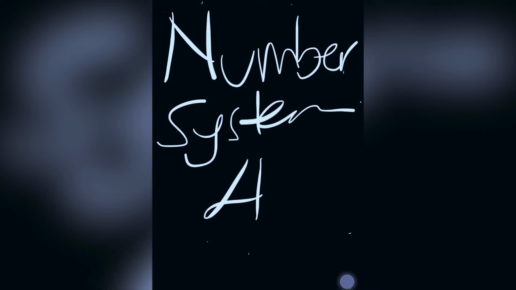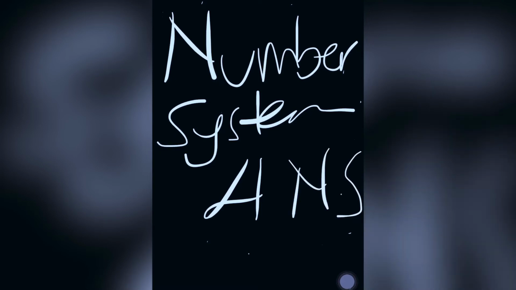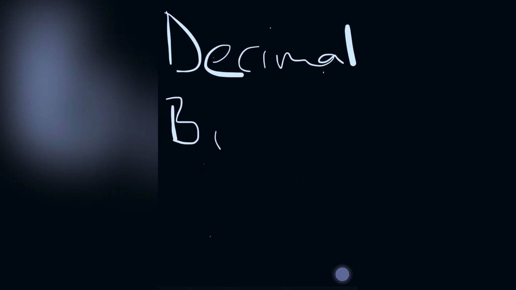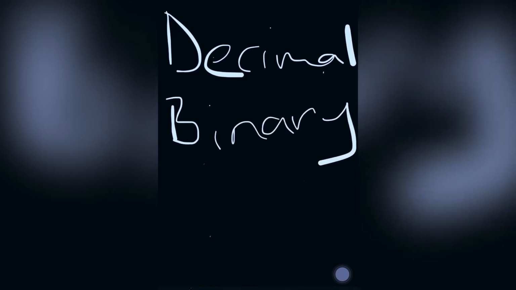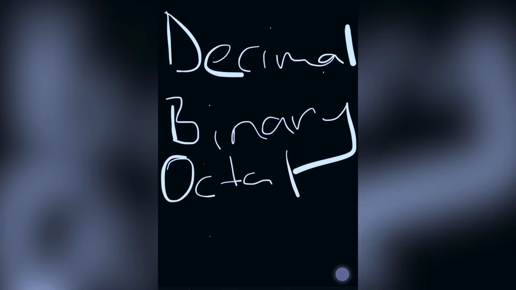And in number system, there are 4 number systems that are commonly known. The first one is the decimal system. Then we have the binary system. The third one, octosystem.